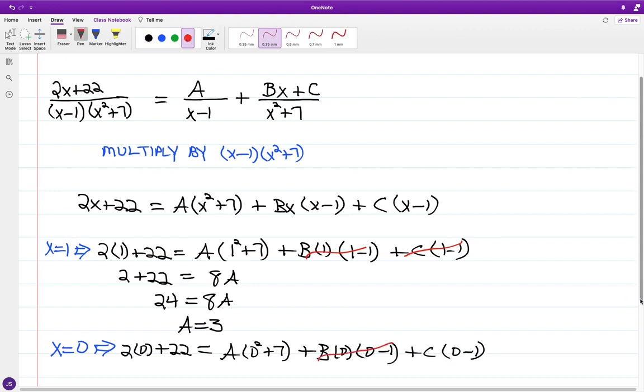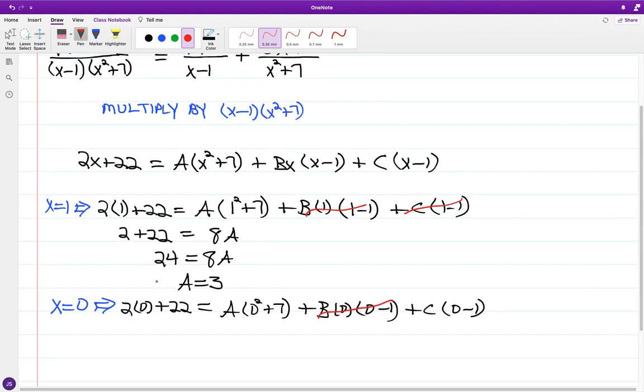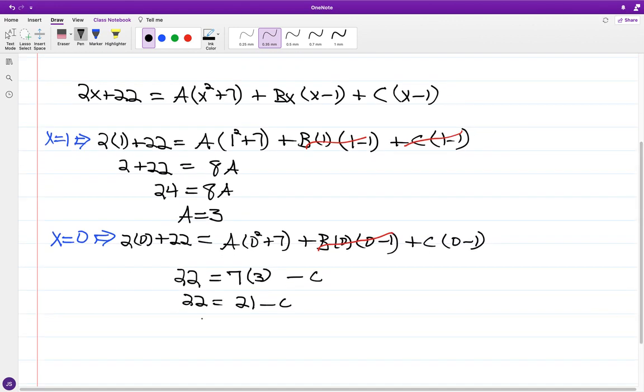Again, the b term is going to go out. And we have 2 times 0 is 0 plus 22 is 22. You have a times 7, and with a at 3, we have 7 times 3, or 3 times 7. And we have minus c. So we have that 22 is equal to 21 minus c. And upon taking 21 away from both sides, we have that 1 is equal to negative c. And changing the signs at both ends, we're going to have that c is equal to negative 1.